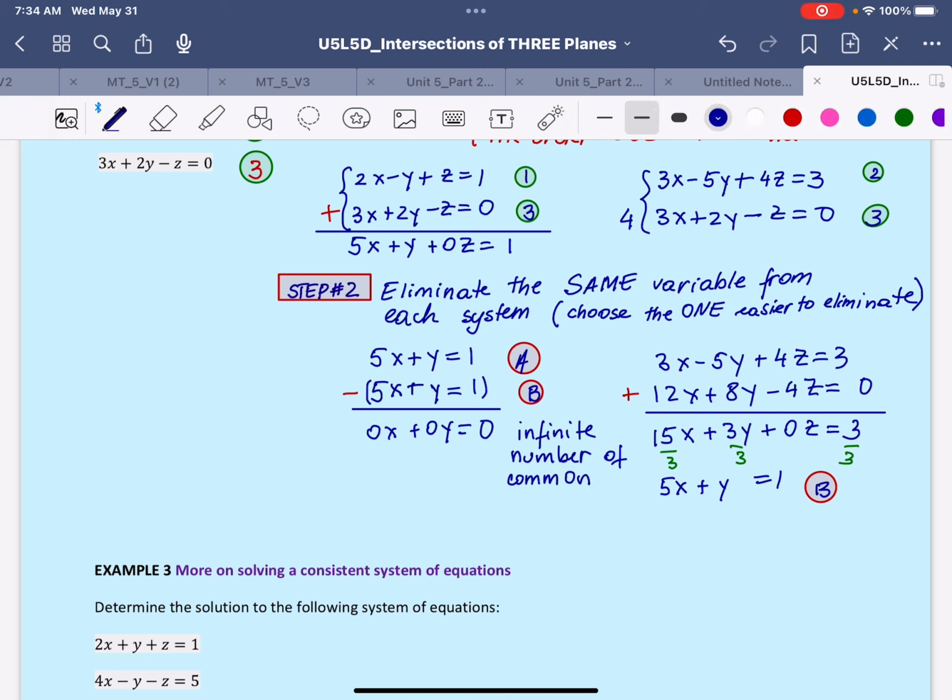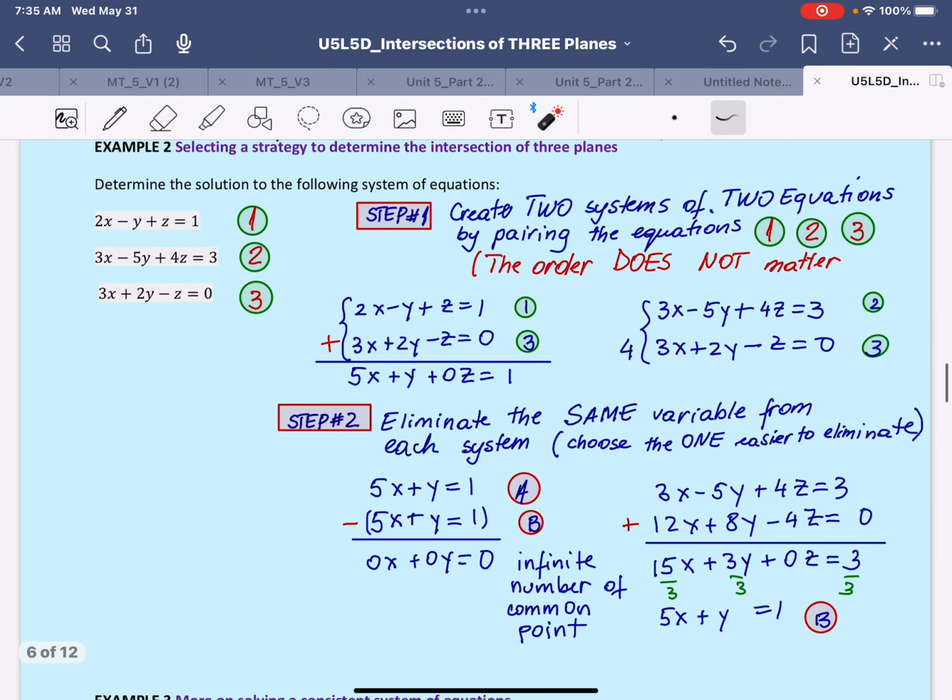So now let's think for a second. Infinite number of common points: if three planes intersect, the common points will lie either on a common line of intersection, because a line has an infinite number of points, or on a common plane, because planes also host an infinite number of common points.